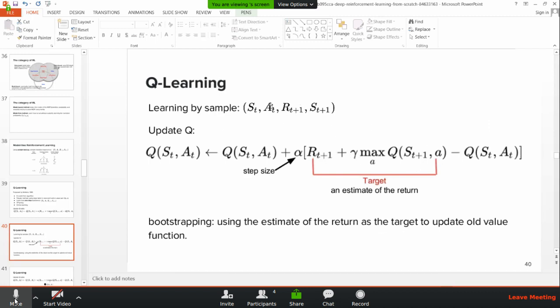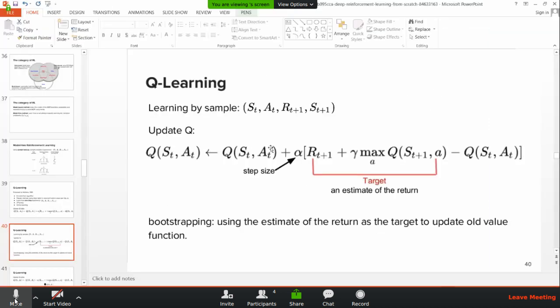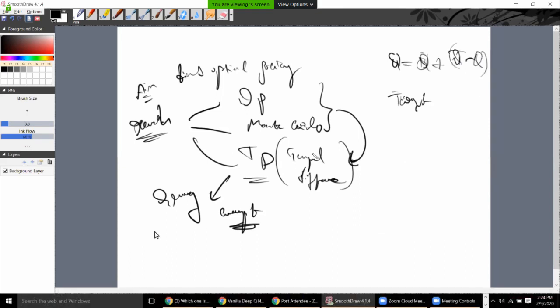Slowly, you have some Q value and then you have some target. What we are doing here is Q equals Q plus learning rate times target minus Q. As of now, take the learning rate as 1.